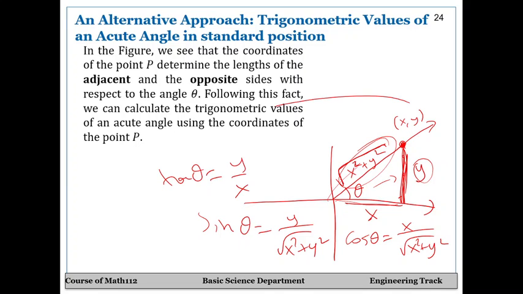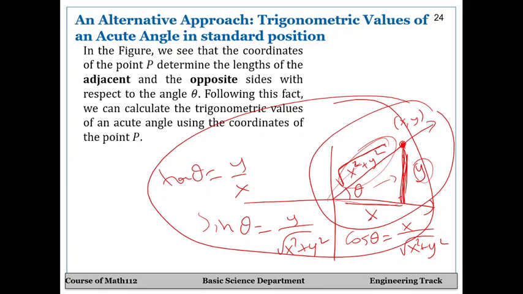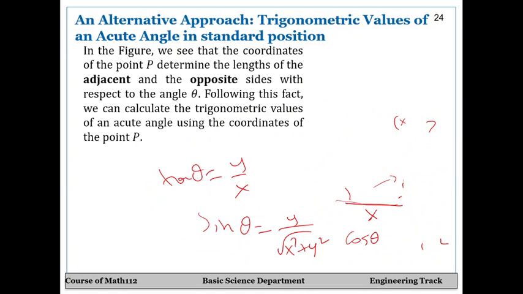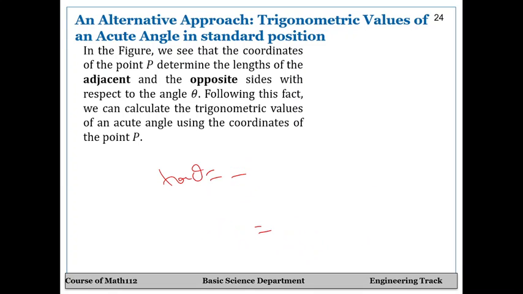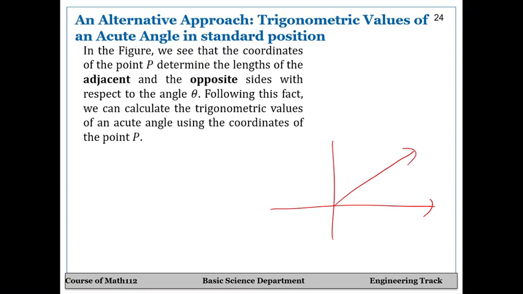Now, the whole idea is this. Basically, we are setting up the right triangle again, and we use the trigonometric formulas on the right triangle, but with one difference. Here, we start with an angle in standard position. This is given to us, the line is given to us. We take a point, or the point is given to us.